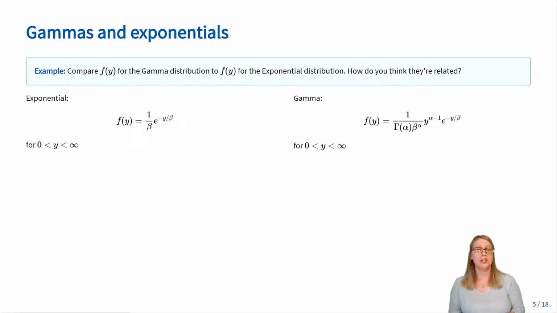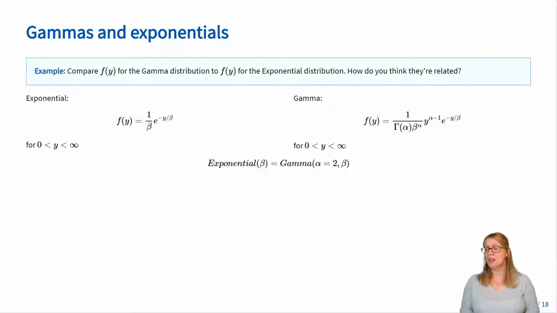Beta raised to the first power is just beta itself. So if we plug in 1 for this alpha parameter, we get an exponential distribution. Or excuse me, that is a typo. That alpha should be 1, not 2. Apologies for that. So our exponential distribution is just a gamma with alpha equal to 1.